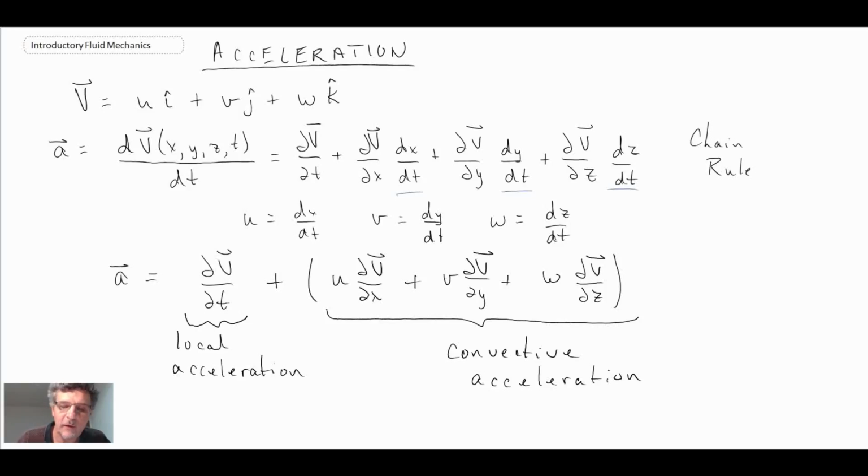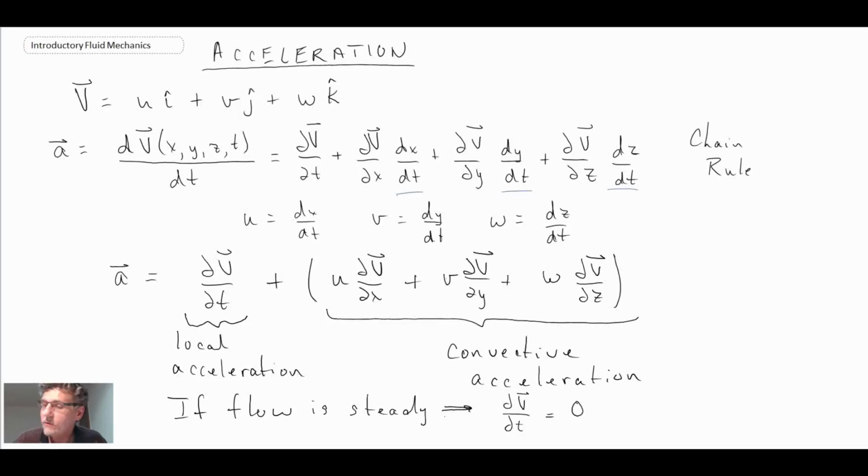Now it turns out if the flow is steady, that means that it is not changing with respect to time, and consequently in that case we can write dv by dt is equal to 0. So actually the first term, the local acceleration term, would disappear if we were dealing with a steady flow.